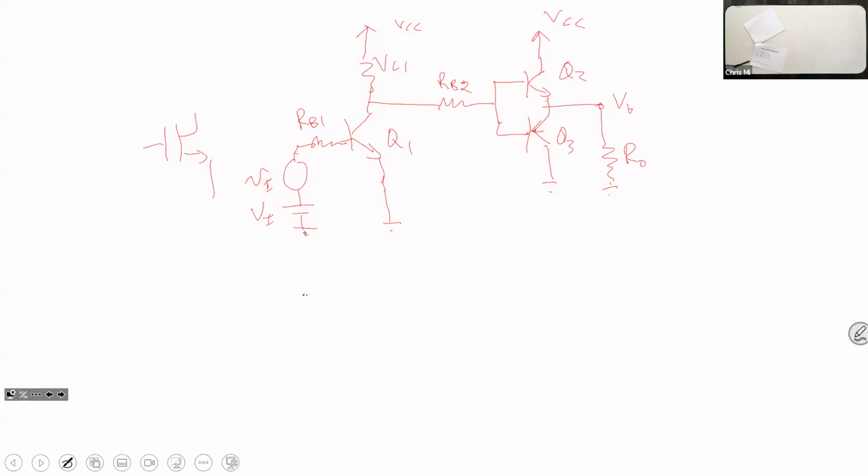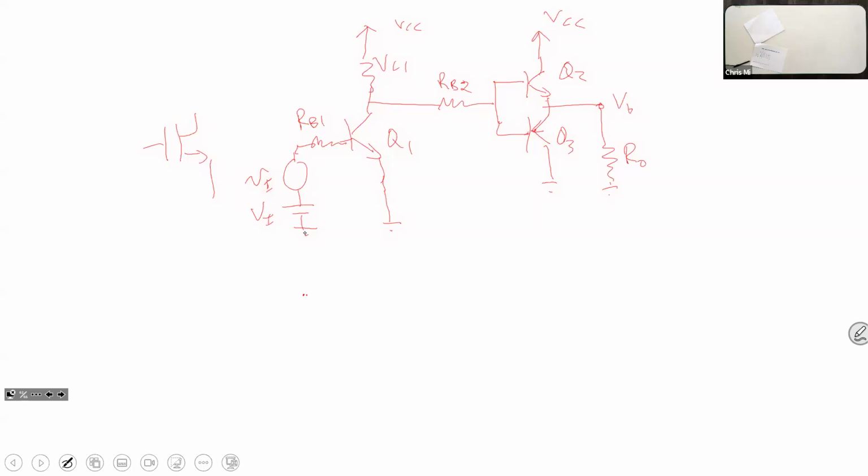So first of all, if we want to be able to operate this as an amplifier for the first stage, Q1 needs to be in active mode. Suppose vi is very small, like in the millivolts. So it doesn't impact very much how Q1 operates.